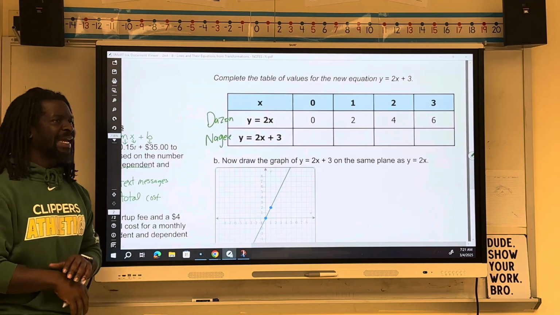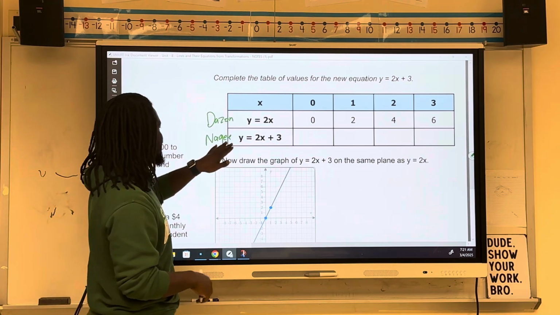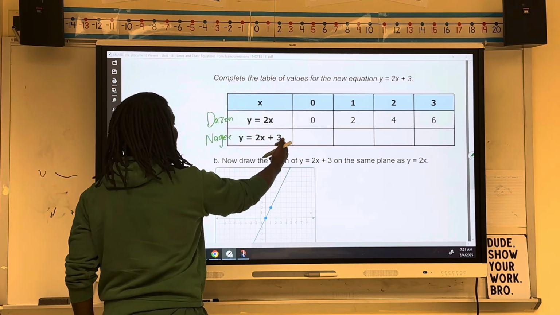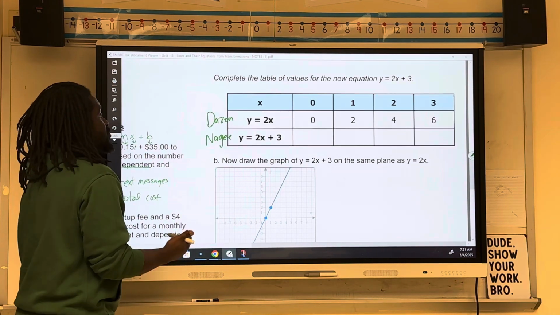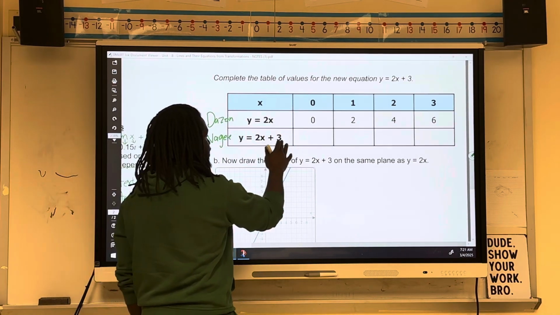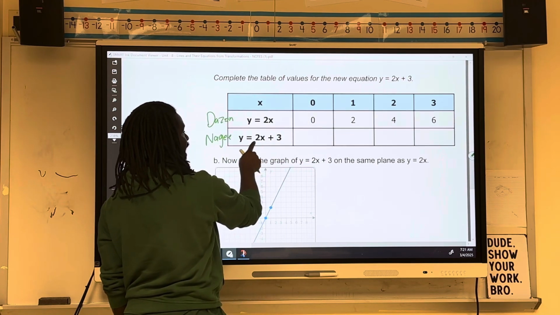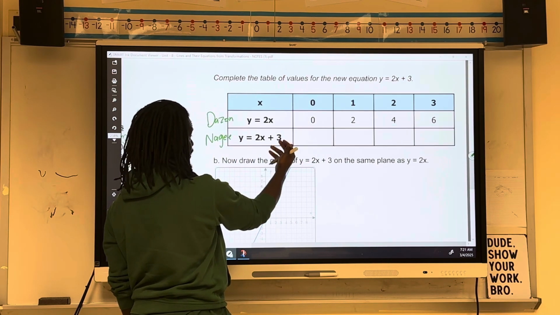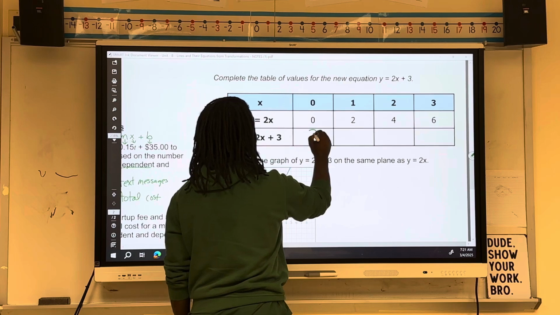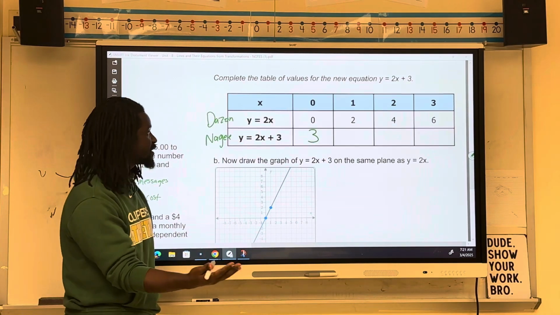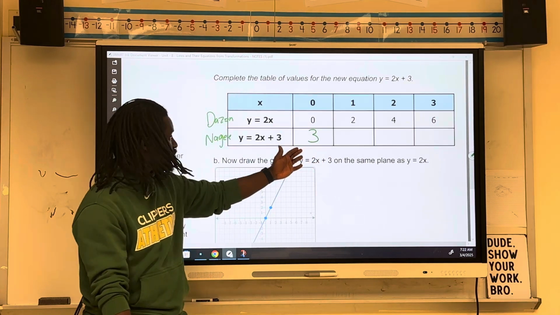Najee has 2 each day, but then he also adds 3. So before I start this initiative, when I put in a 0 for the x, that's going to be 2 times 0, which is 0, and then plus 3. So before I started giving the 2 Blair bucks each day, Najee already had 3, okay?